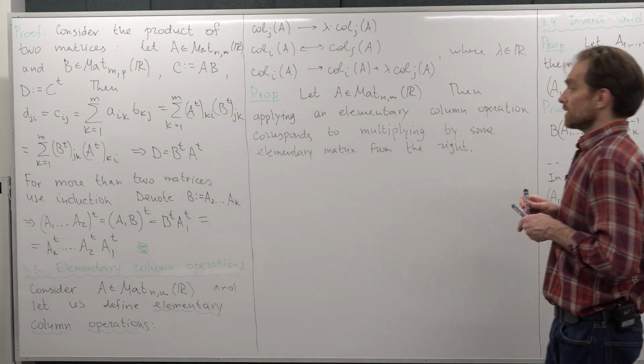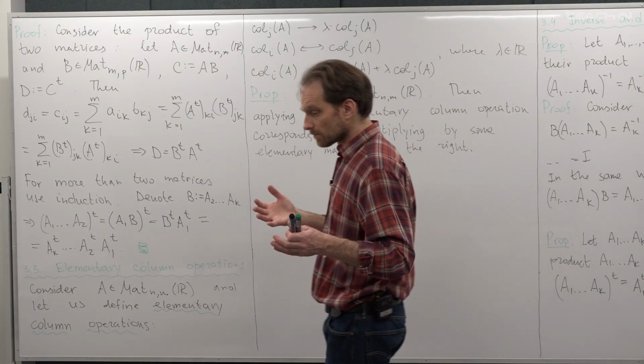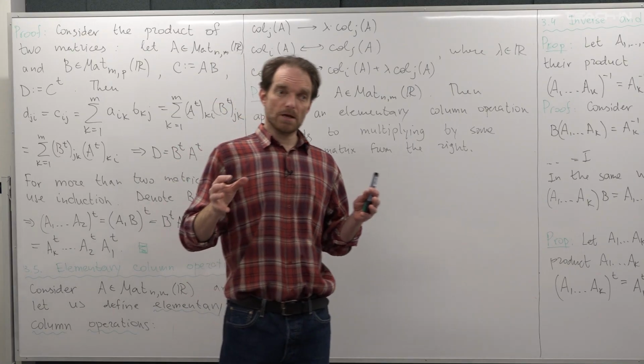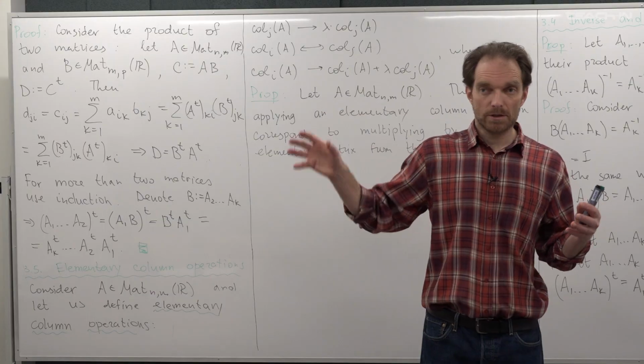So what does this mean? If I apply some elementary column operation to my matrix, then the result is given by a multiplication of the original matrix by some elementary matrix from the right.